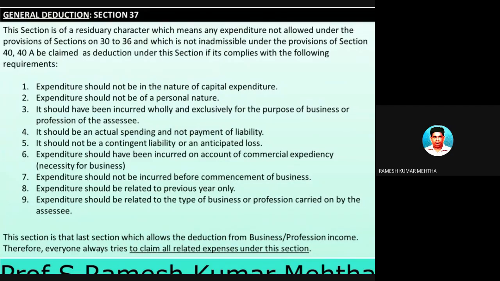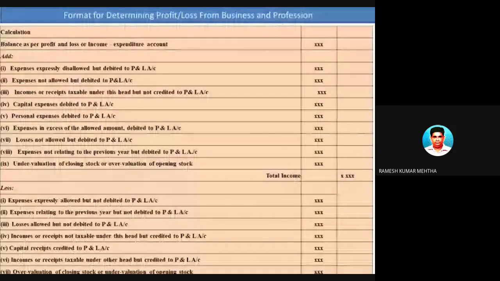And we spoke about the format for determining the profit and loss account from business and profession. At that time, I gave you various illustrations, numerical examples to understand this particular format, because this format is the basis on which we are going to solve the problems as far as the topic profits and gains from business and profession is concerned.